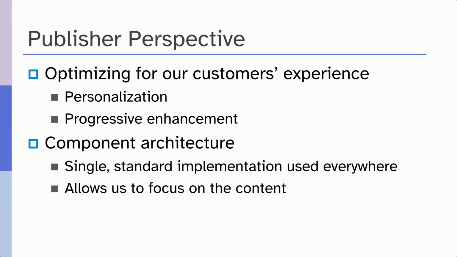So the underlying semantics of how we mark up our image descriptions is really critical. And that leads to the second point here, which is component architecture, where we break the component up into a single standard implementation that we use everywhere, and it allows the authors of our descriptions to focus on the content.